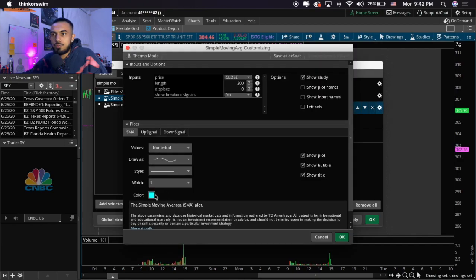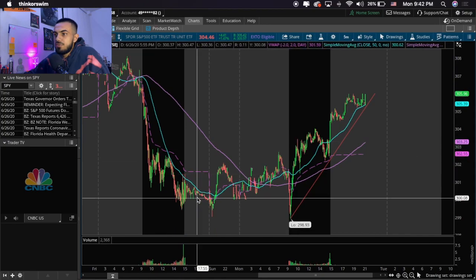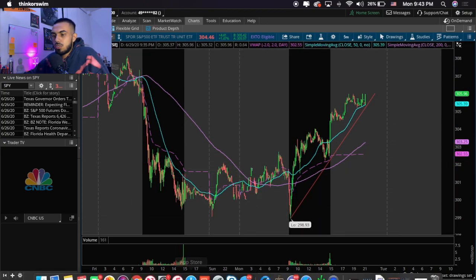And then I'll change the color for the 200 to, whatever. Let's change this lavender color. Okay, so the 50-day moving average and the 200-day moving average.